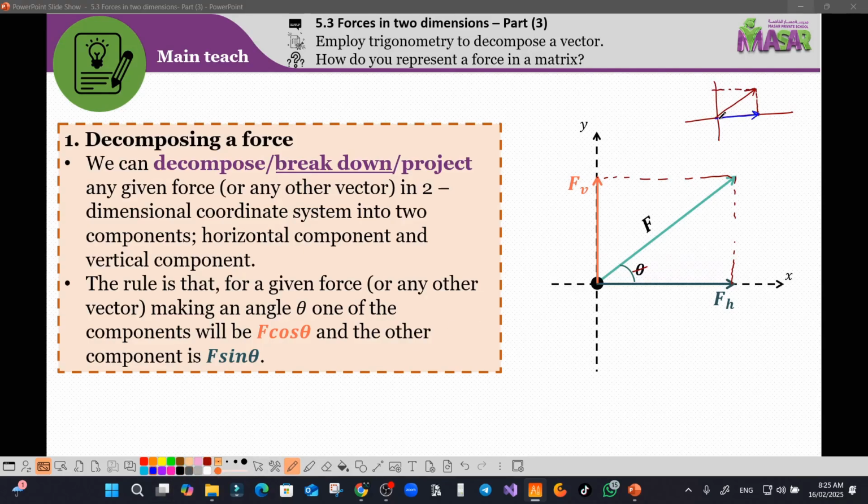The diagonal of this rectangular shape represents the force. The horizontal side represents the F of x or F of h, and the vertical side represents the F of y or F of v.